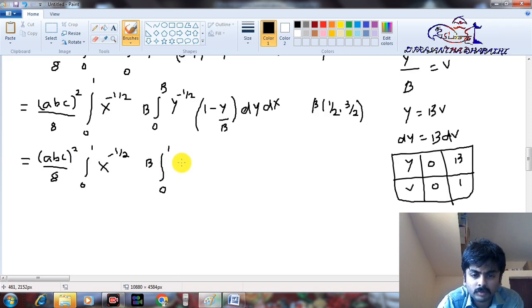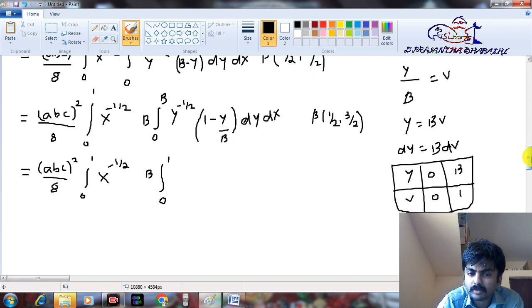Okay, y power minus 1 by 2 means it will be b into v power minus 1 by 2, y equal b into v, 1 minus y by b, 1 minus v power 1 into dy.